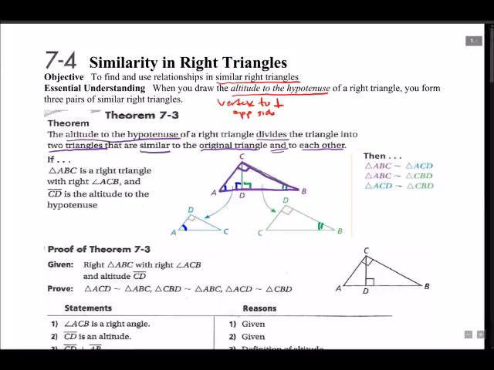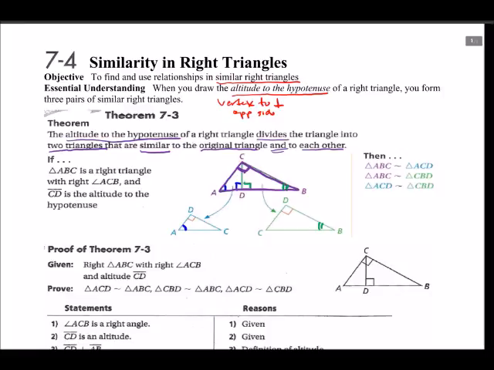There are two congruent angles. Because all right angles are congruent, we can make our right angles congruent, and they have the shared angle A by the reflexive property. Look at our purple triangle and our green triangle. They have two congruent angles, our shared angle B and a right angle.